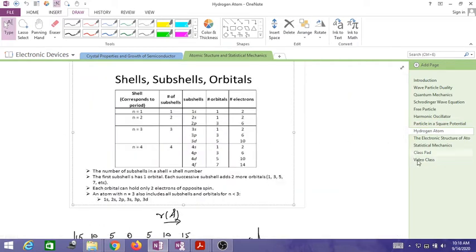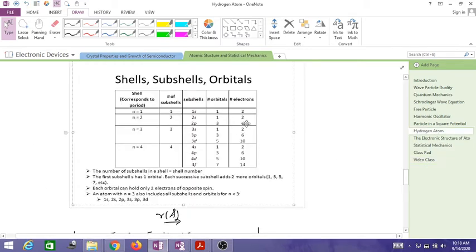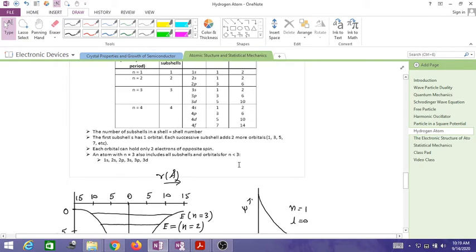So now if you can see how many orbitals are here, there are 3 orbitals, and this 3 is represented here in the table. And then the number of electrons that it can accommodate: each orbital can accommodate 2 electrons. Here there is 1 orbital, so 2 electrons can be accommodated. Here 3 orbitals are there, so 6 electrons are accommodated. So likewise we can get the subshells and the orbitals.